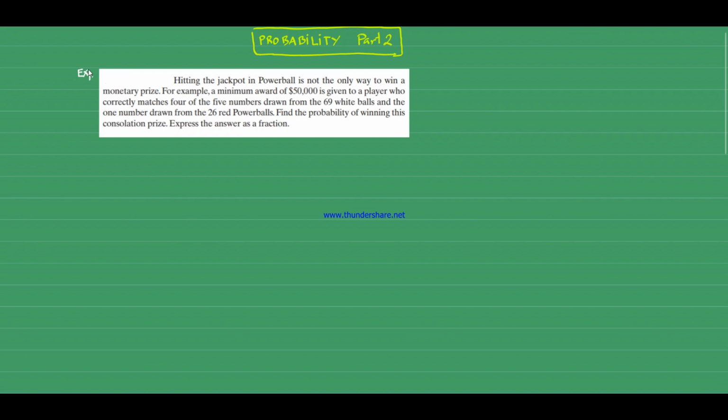For example, a minimum award of $50,000 is given to a player who is collecting matches for 4 out of 5 numbers drawn from 69 white balls, and 1 number drawn from 26 red balls. Find the probability of winning this consolation prize. Express this answer as a fraction. Okay, let's see how we do this.